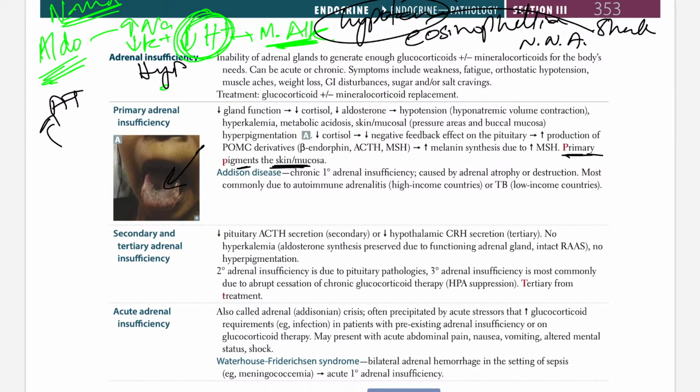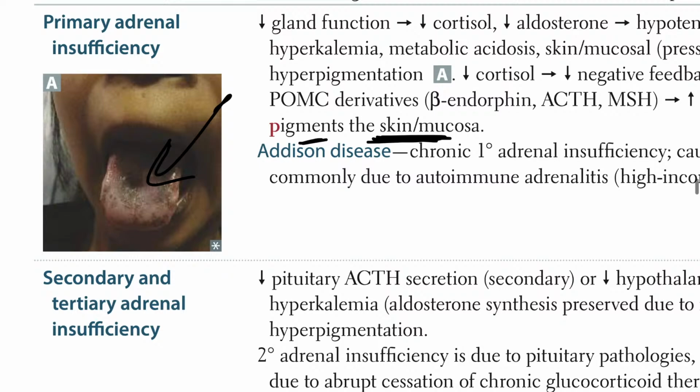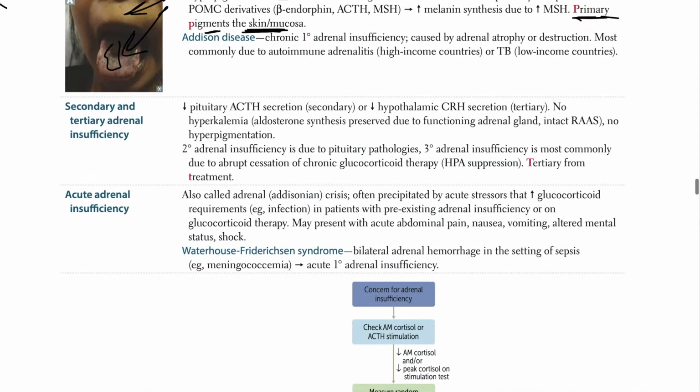So you can see on the mucosa, if I zoom in, the blackish hyperpigmentations, and the skin is also hyperpigmented.